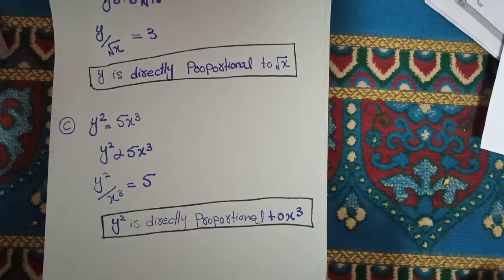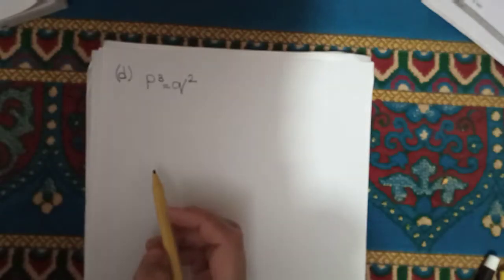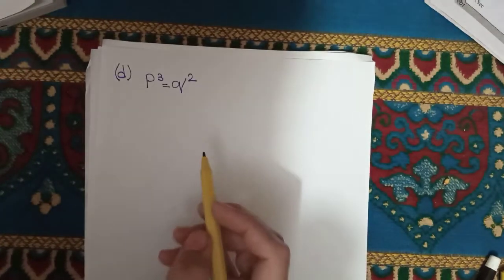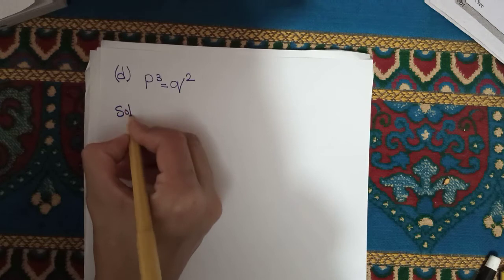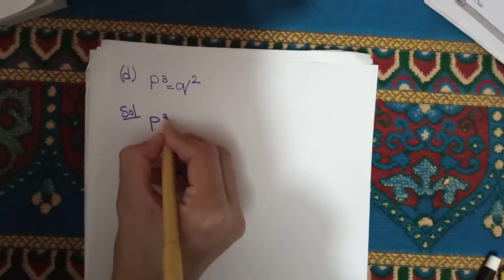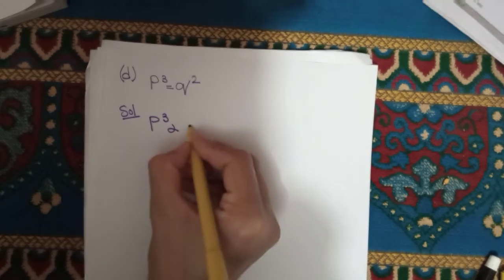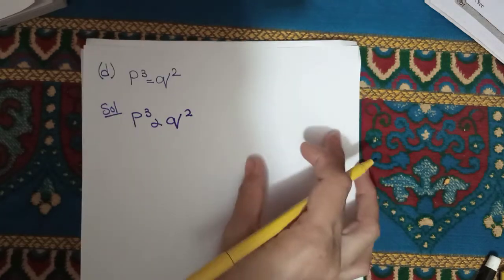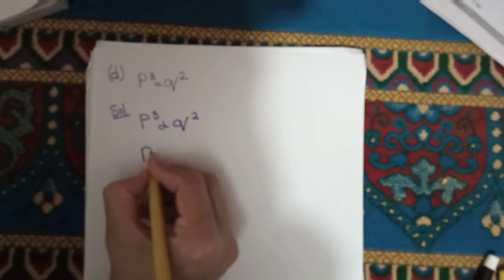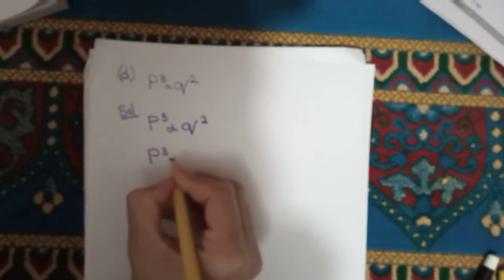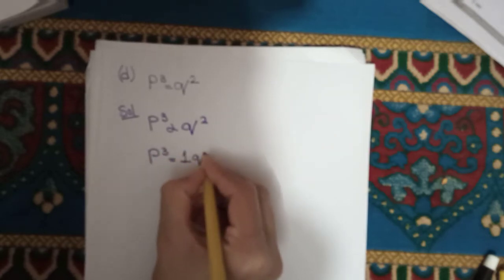Now D part of this question is p³ = q². Solution: p³ is directly proportional to q². How? Because here you have got 1. p³ = 1 q².